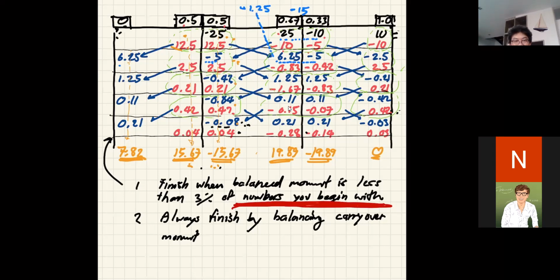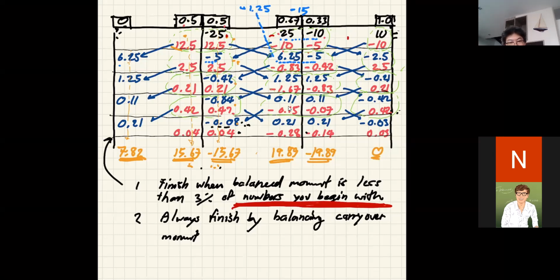You begin with. So you begin with your fixed end moment. Your fixed end moment becomes your unbalanced moment. Okay, crystal clear? Okay, go ahead.